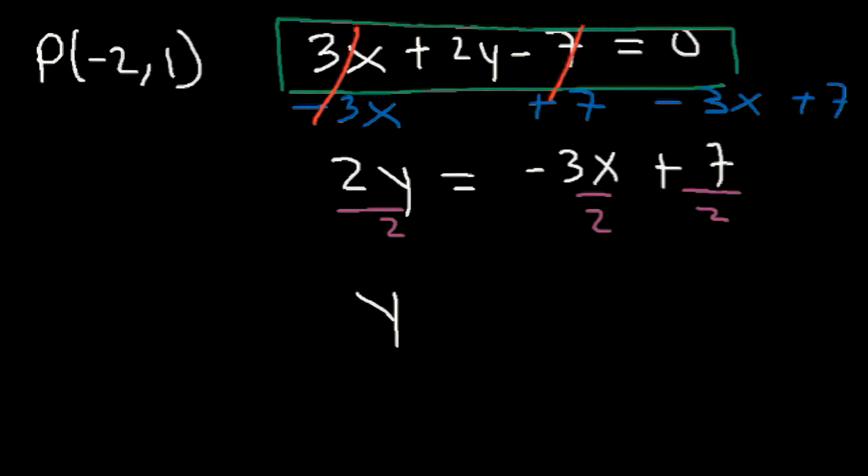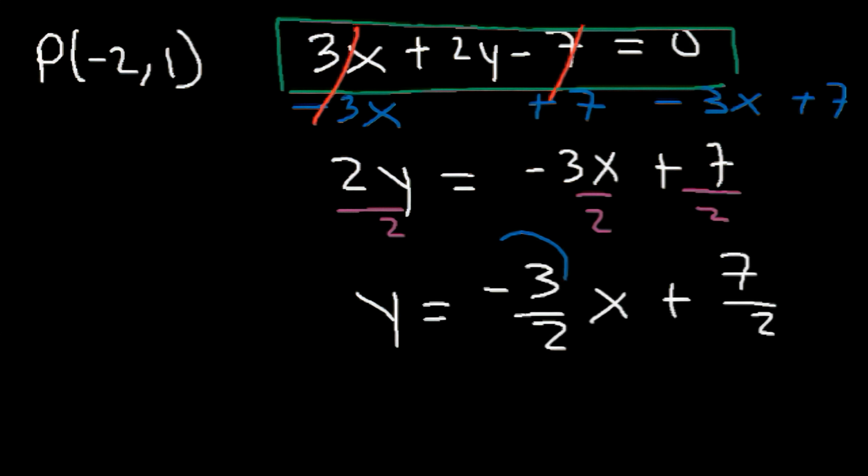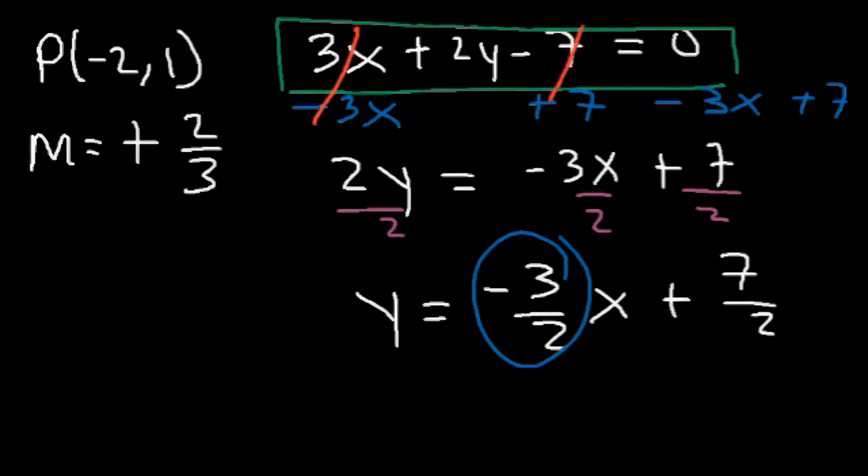So y is equal to -3 over 2x plus 7 over 2. So the slope of this line is -3 over 2. Therefore, the slope of the perpendicular line is going to be the negative reciprocal of that value. So it's going to be positive 2 over 3. You need to change the negative sign to a positive sign and flip the fraction at the same time.